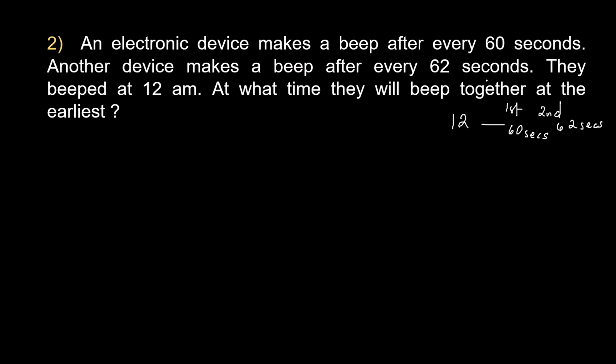So we are told to find at what time they will beep together at the earliest. So we have to find the least possible time at which both these devices will beep together. That means the time we have to find will be greater than 60 and 62 seconds.